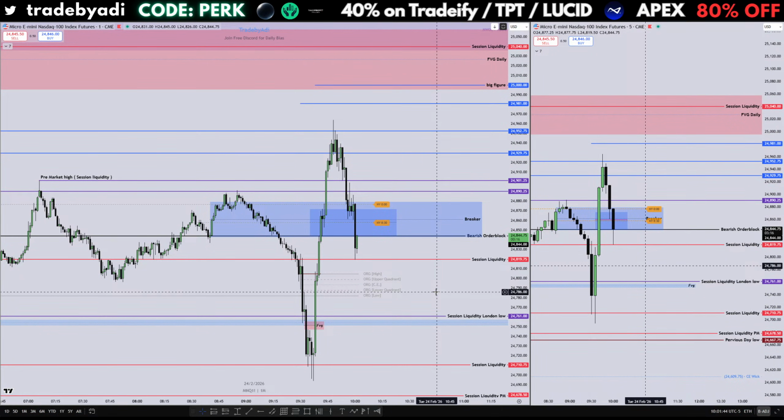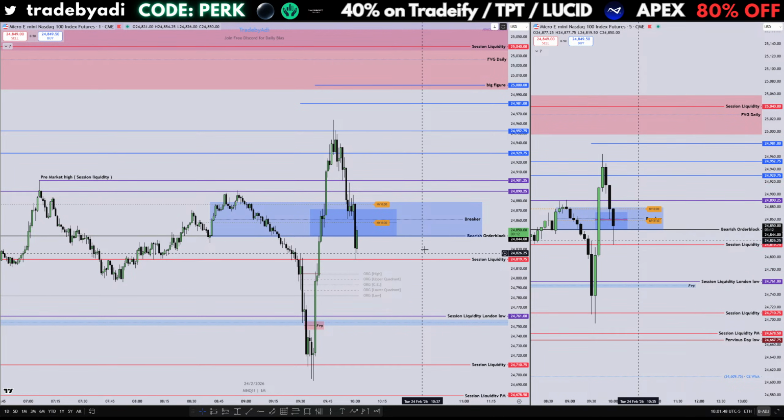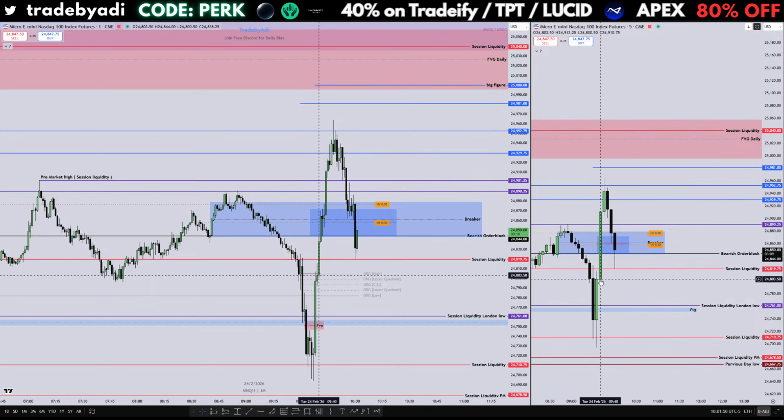Yeah, yesterday's price action was clean, and we also made a profit yesterday. But today, we really don't have a good structure.